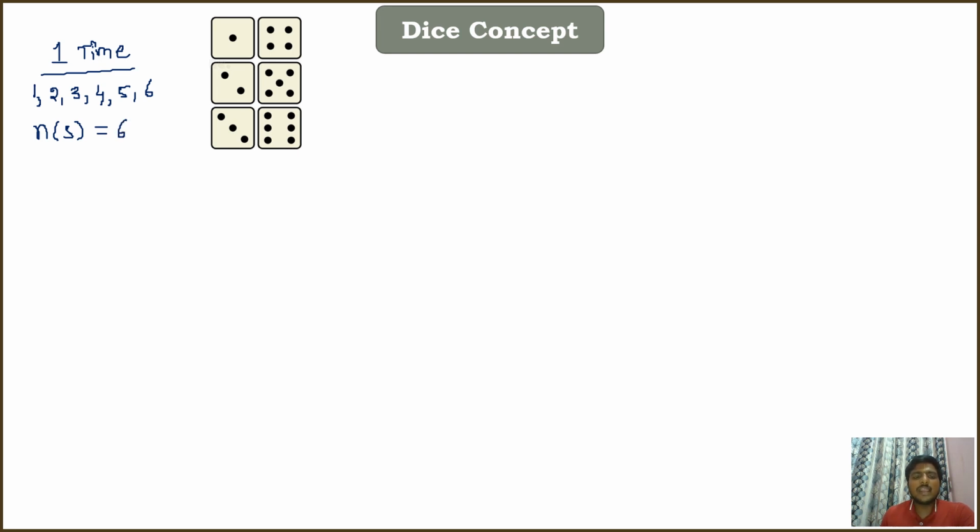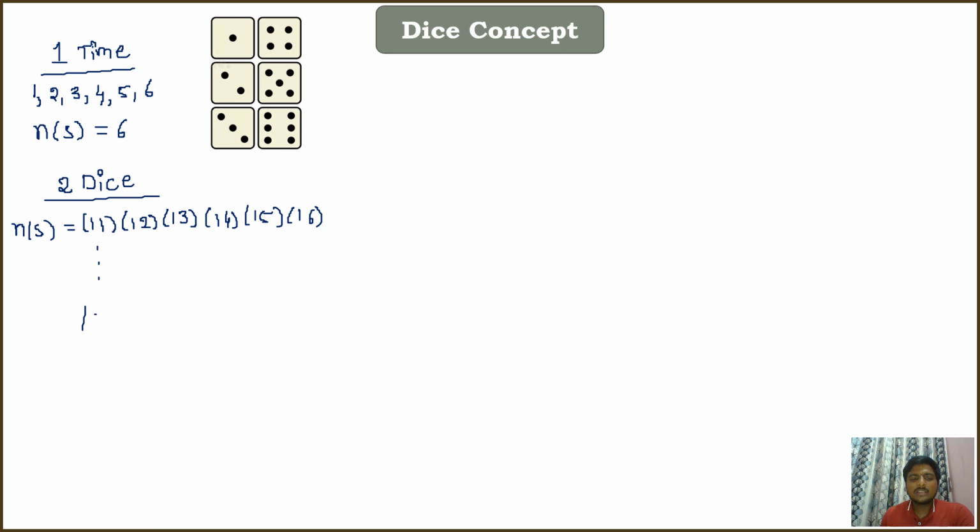Now, if I roll a dice 2 times, or if I roll 2 dice at a time, what are the possibilities I'll get? That is 1 on the first die, 1 on the second die; 1 on the first die, 2 on the second die; 1 and 3; 1 and 4; 1 and 5; 1 and 6.